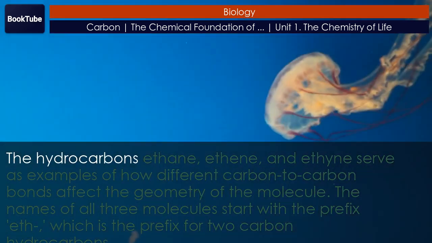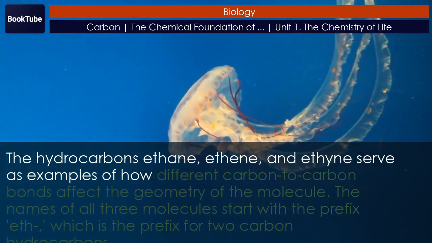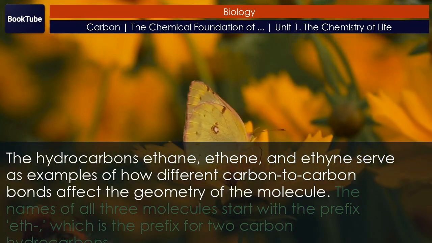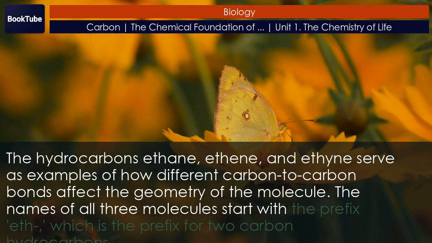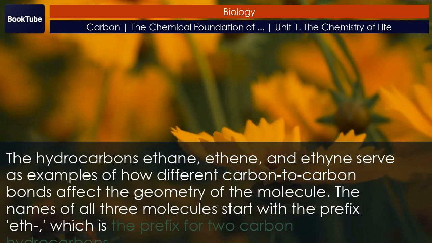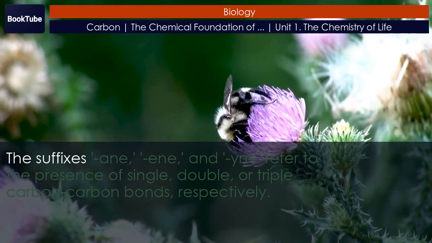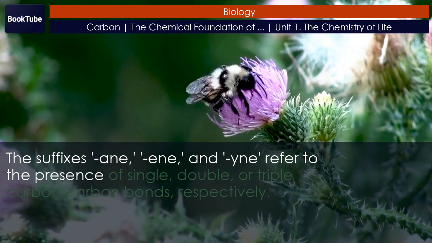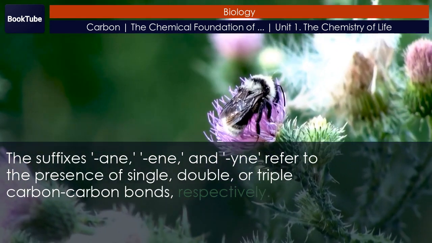The hydrocarbons ethane, ethene, and ethyne serve as examples of how different carbon-to-carbon bonds affect the geometry of the molecule. The names of all 3 molecules start with the prefix eth, which is the prefix for 2-carbon hydrocarbons. The suffixes -ane, -ene, and -yne refer to the presence of single, double, or triple carbon-carbon bonds, respectively.